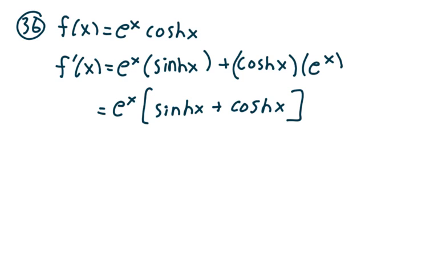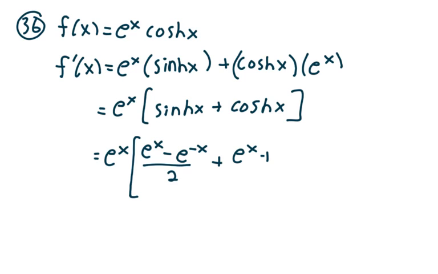But let's say we don't remember that, okay? What you can do is go back to the definition. And so I would write e to the x times the quantity, e to the x minus e to the negative x divided by 2, plus, and then cosh x is e to the x plus e to the negative x divided by 2.